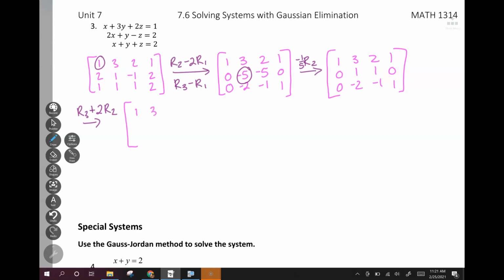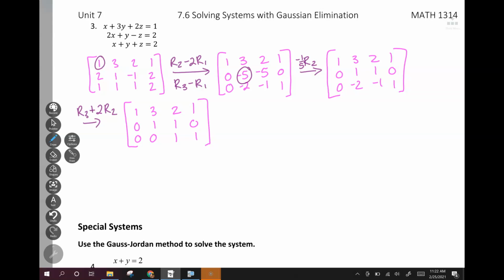So 1, 3, 2, 1, 0, 1, 1, 0, not changing either of those first two rows. Now row 3 plus 2 of row 2. Row 3, so 0 plus 0 gives me 0. Negative 2 plus 2 gives me 0. Negative 1 plus 2 gives me 1. And 1 plus 0 gives me 1.